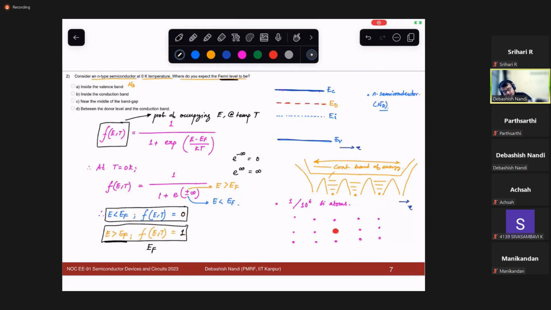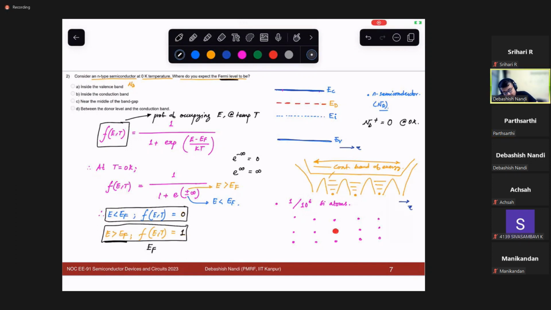Fine. Now another thing is that, what is ND plus? ND plus means the number of dopant atoms which got ionized, okay? What is this quantity at 0 Kelvin? Means if your temperature is absolutely 0 Kelvin, how many dopant atoms will get ionized? 0, right?